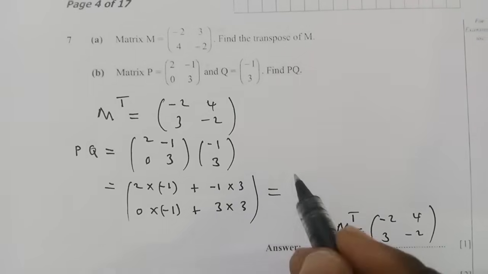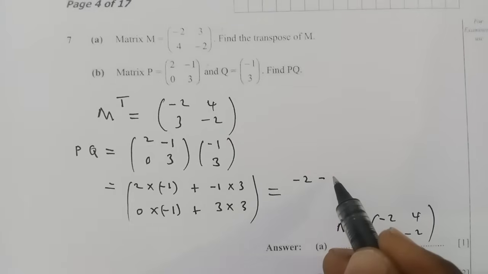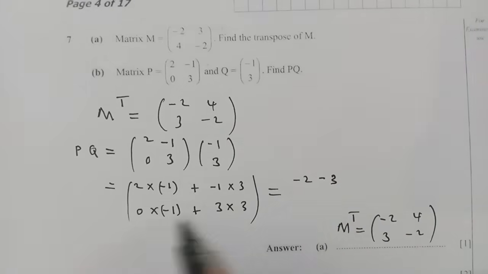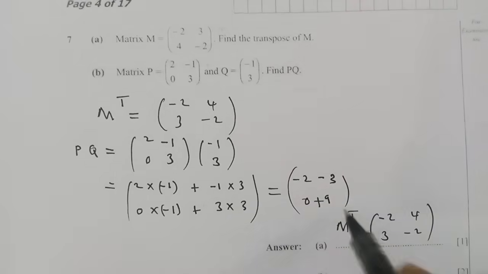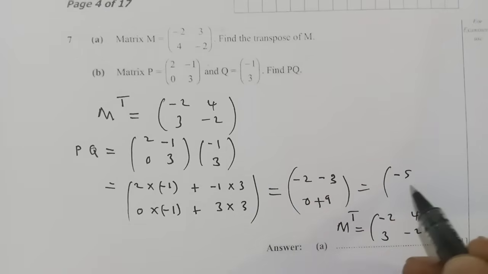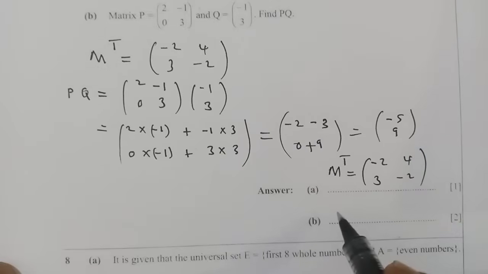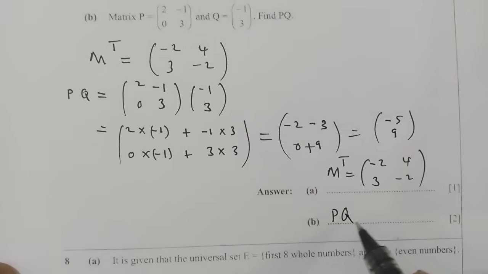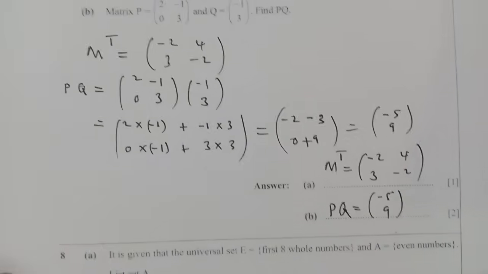So what are we getting? Here we're getting negative 2. Here we're getting negative 3. Here 0. Here 9. And our final answer will just be negative 5, 9. So we can write here PQ is equal to negative 5, 9, like that.